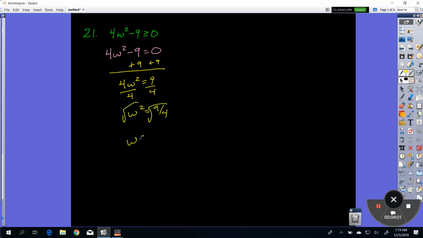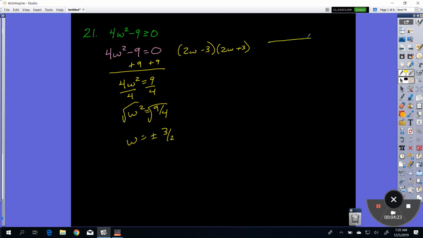So you get w equals plus or minus the square root of 9 is 3, the square root of 4 is 2. If you would have factored, it would have looked like this: 2w minus 3, 2w plus 3. So whatever way you would have wanted to do it, either way is fine. So these are my critical numbers.